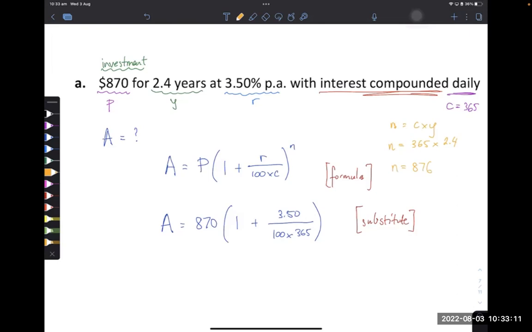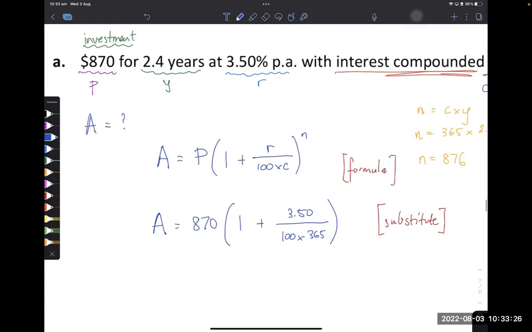Okay, how many days are there in 2 years? Times 2, right? But this is 2.4. So you would just multiply 365 by 2.4 years. Okay, that gives you 876. So let's go back to here. What do we replace with the N? 876. So if you type this into your calculator, you should end up with a number.